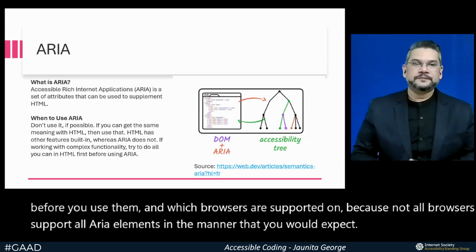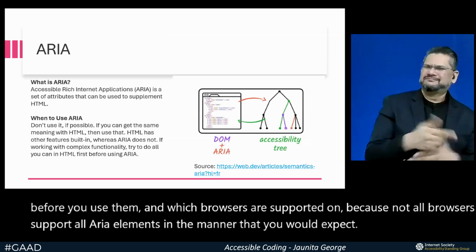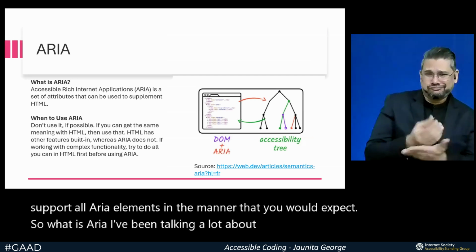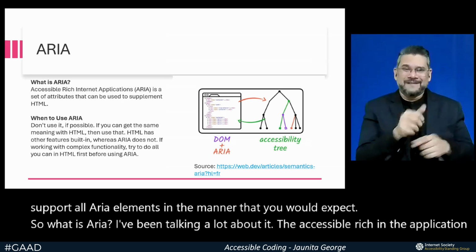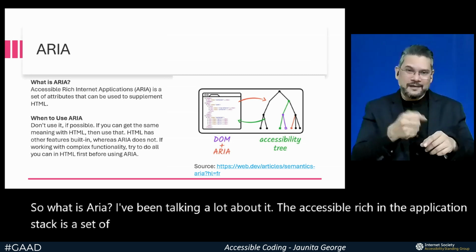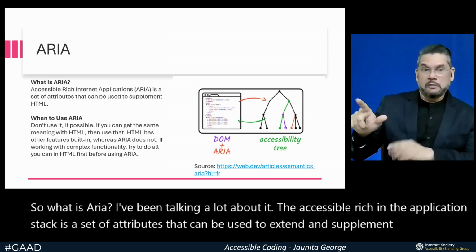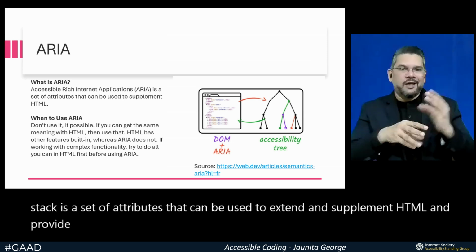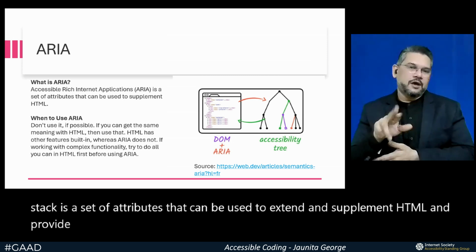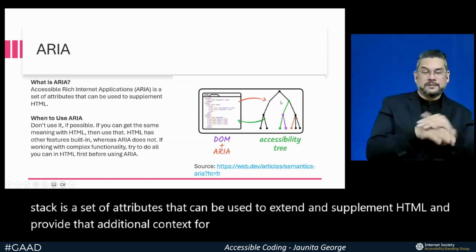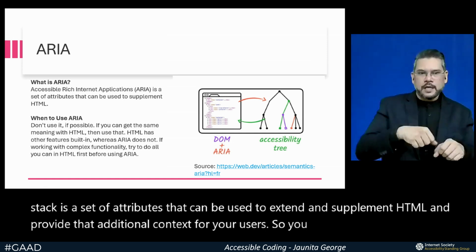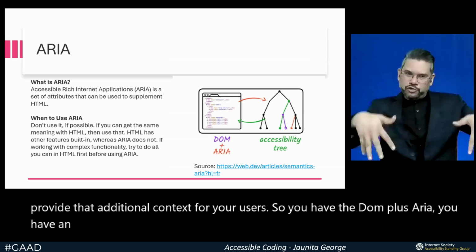So what is ARIA? I've been talking a lot about it. The Accessible Rich Internet Application stack is a set of attributes that can be used to extend and supplement HTML and provide that additional context for your users. Plus ARIA, you have an accessibility tree. It allows you to kind of perform surgery on that tree to make it more meaningful for users.